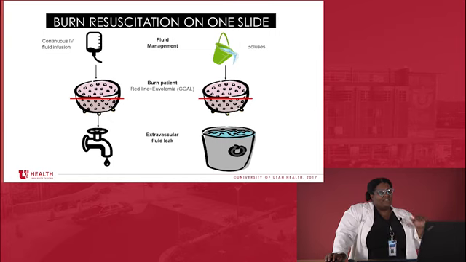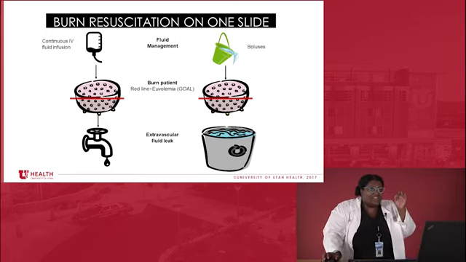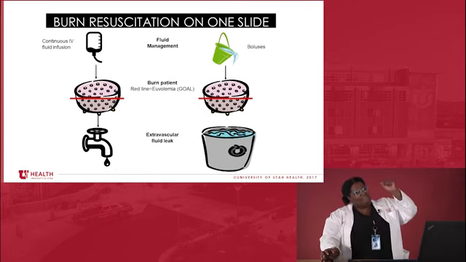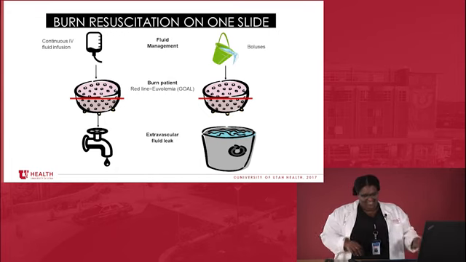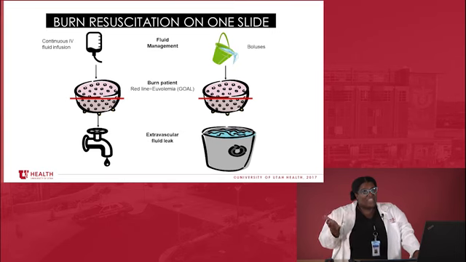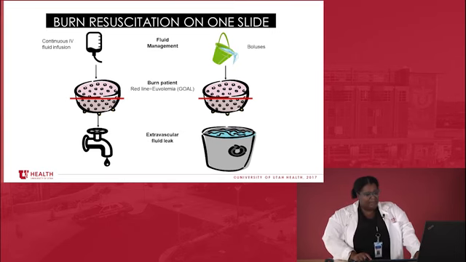It's just leaking. Versus if you give a bolus, what will happen is all your fluid would go in and it'll flush out. I want everyone to go home and practice this and see what the difference is when you turn on the tap really slow versus turn it on really high with your colander. And you'll see you do get more fluid in when you just do a continuous drip, okay? So that's burn resuscitation in one slide.